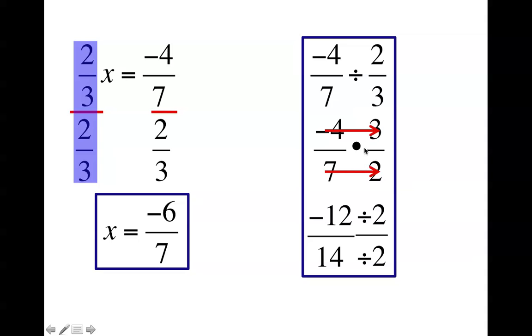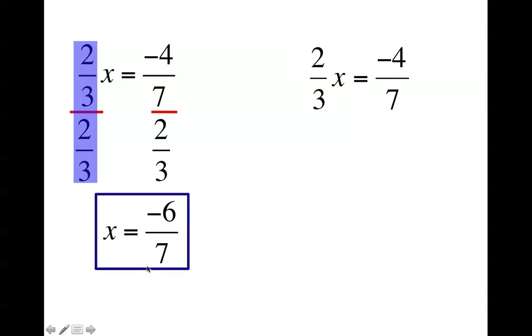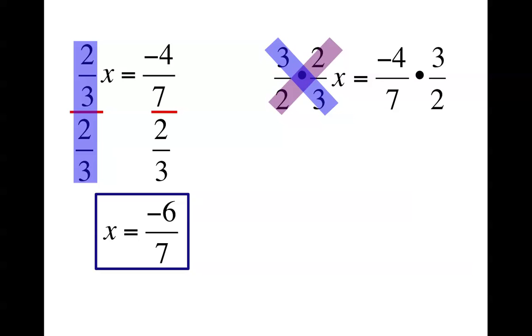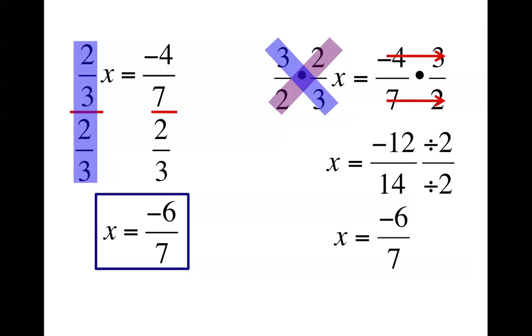I'll have to rearrange this. But when you multiply straight across, you end up getting -12 over 14. Did you remember to simplify? Very good. All right. Did you do it this way? Multiply straight across, and then you divide.